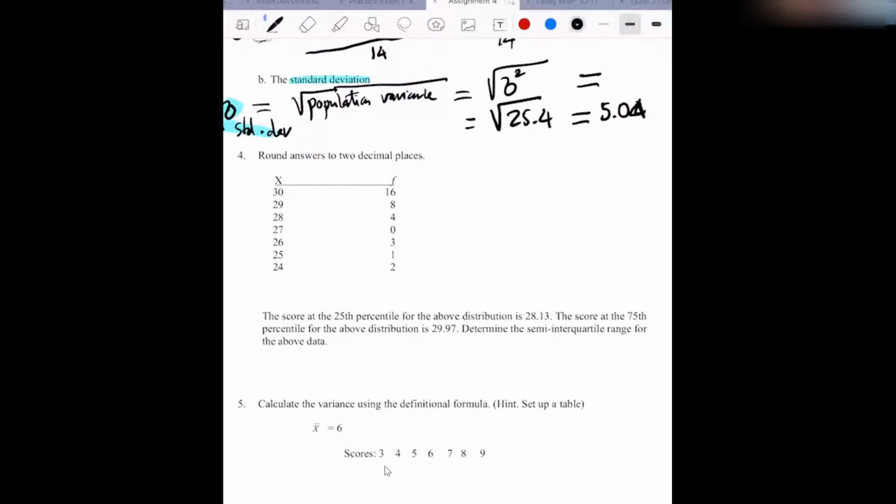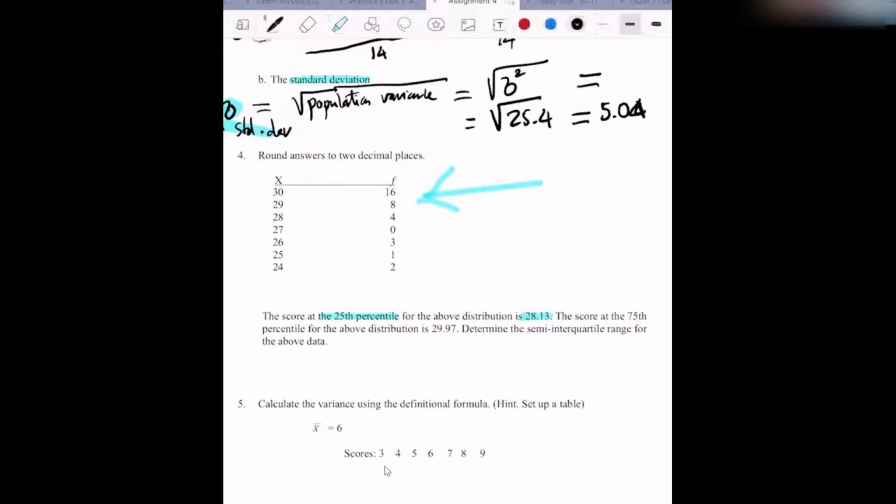All right, so it looks like a lot, but actually it's not that much work for this problem. You're given the table here, and you are given that the score at the 25th percentile is 28.13.